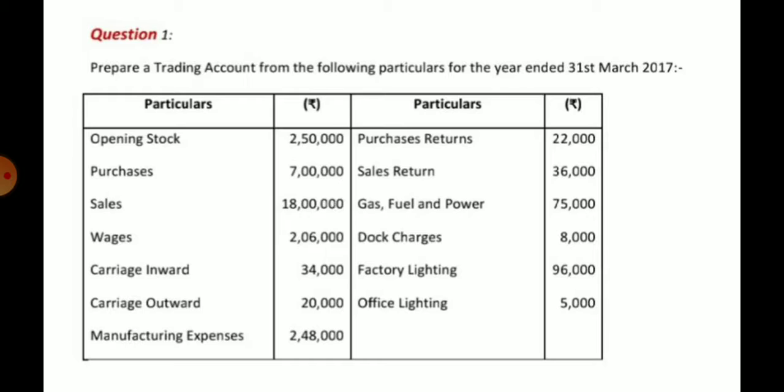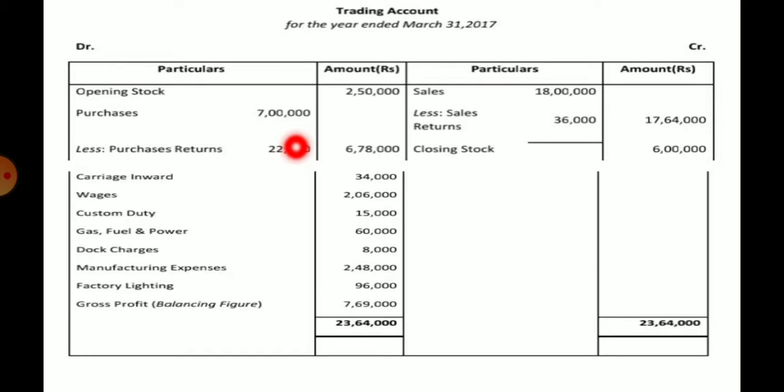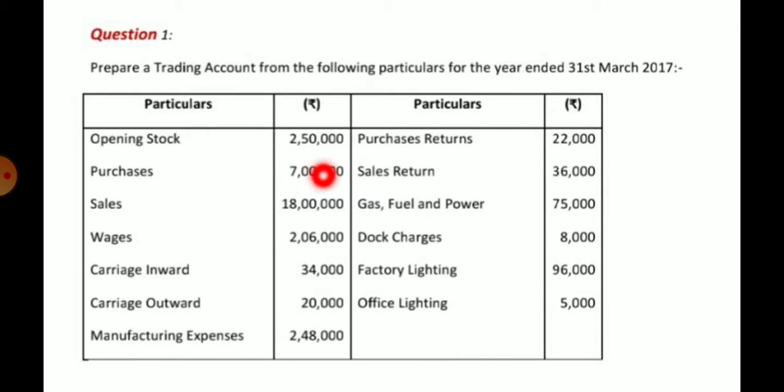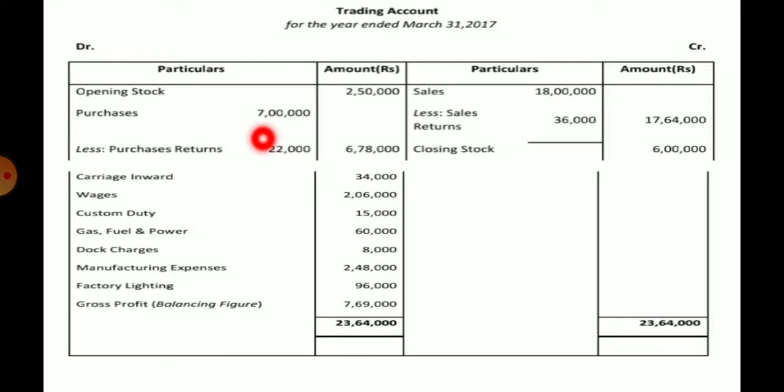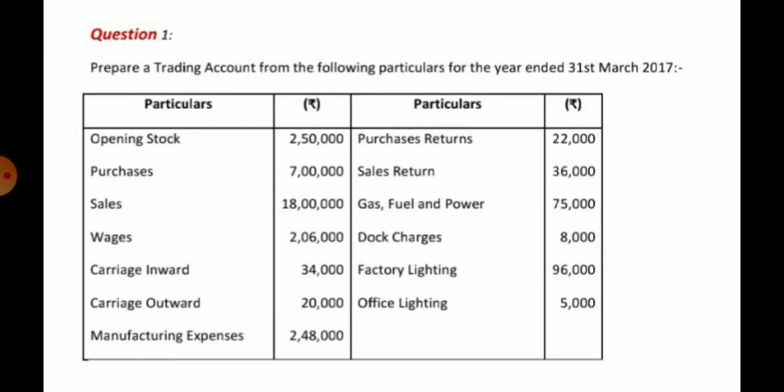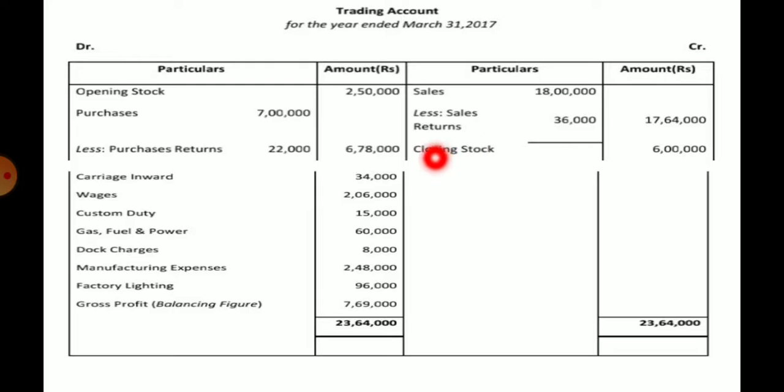First of all, opening stock will be transferred to the debit side of the trading account. Purchase will also be transferred to the debit side, 7 lakh. And the sales account will be posted to the credit side.